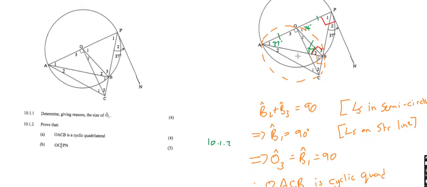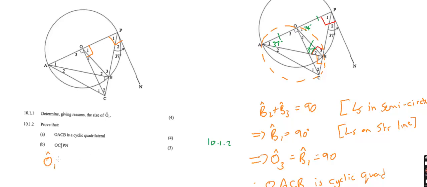So let's look at the lines that they are talking about. They said OC. I'm going to use this older diagram. OC is parallel to PN. Remember, we said this is 90 degrees, and clearly this is going to be 90 degrees. So that is what we need to do.